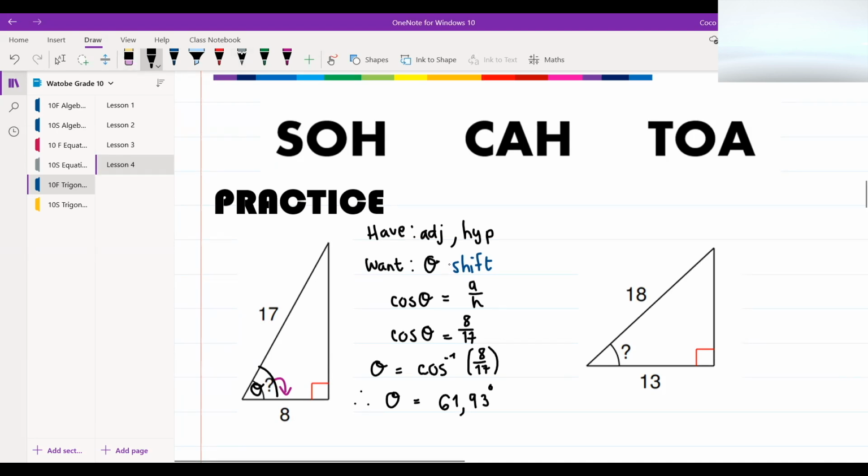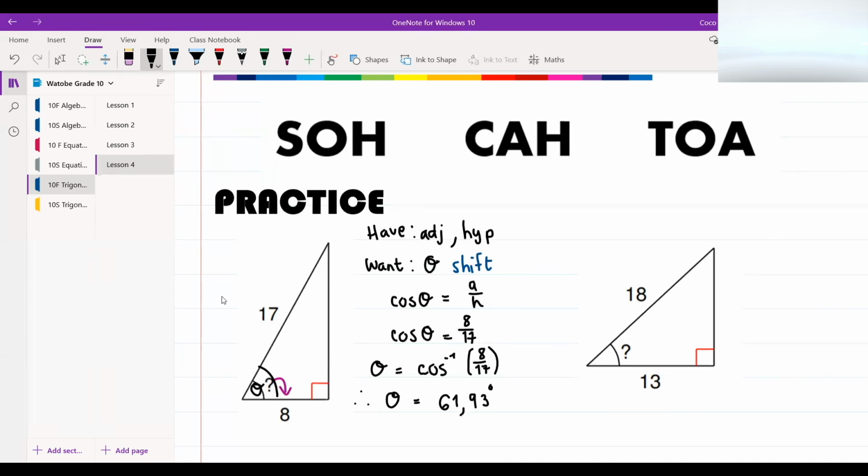Hi, sorry, I'm here. I was going to ask, for this triangle situation here, wouldn't you just use Pythagoras to find the other side, then work out your angle theta?